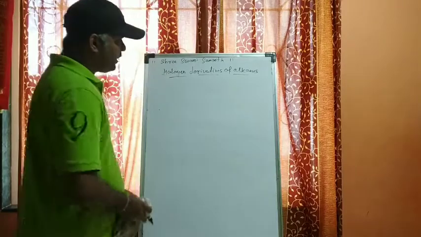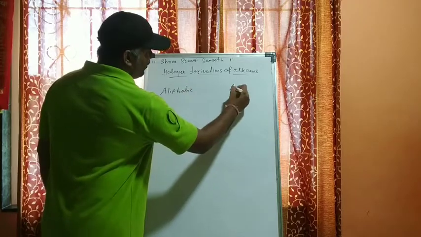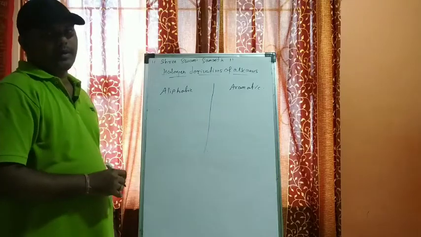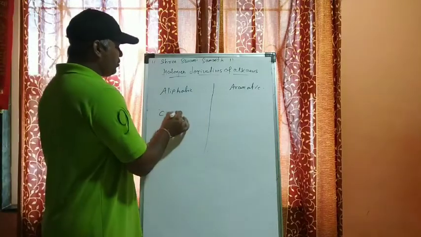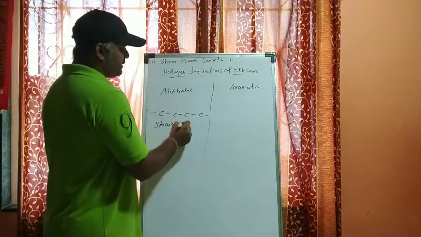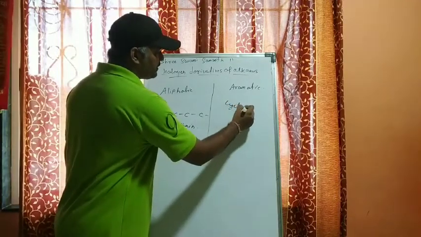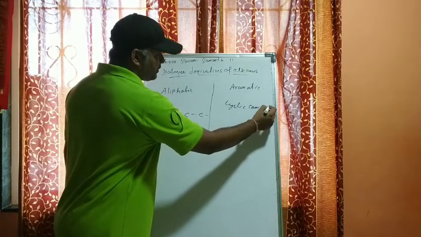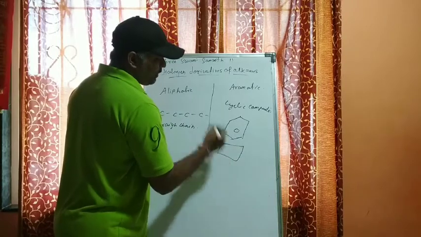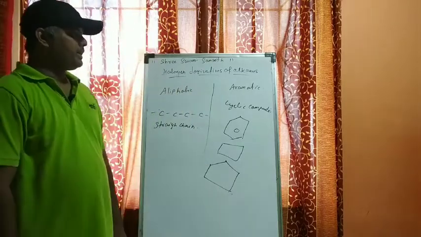Okay, now we also need to understand the difference between aliphatic and aromatic. What is aliphatic and what is aromatic? Aliphatic compounds are those which contain a straight chain. Aromatic compounds are the cyclic compounds. Examples are benzene, then we can take cyclobutane, then cyclopentane, right? So these can be examples of the aromatic.